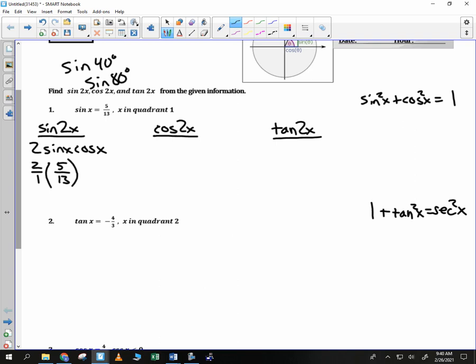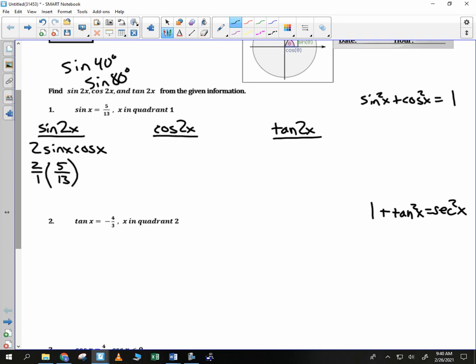Does that look familiar? So you could use that and you would then know secant, right? And once you know secant, you know cosine. And then you could use that to find sine, right? So you can see it forces you to use different formulas together. You okay so far?